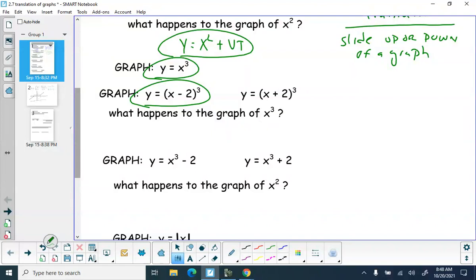Make sure it's still doing the exact same thing. Do we still get the horizontal translation of 2?